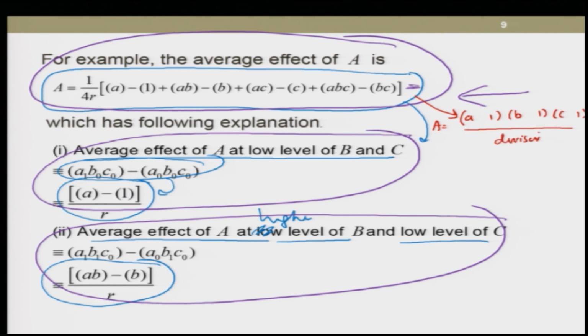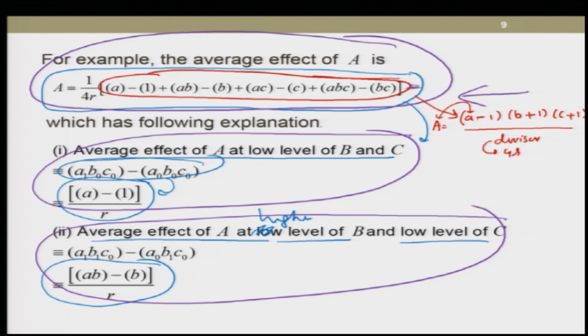Now this A is coming here as a, so I will write A minus 1. Now, there is no B nor is there C, so I will introduce plus 1 and plus 1, and if you open it here, you will get the same thing which is written here, and the divisor here is 4R.